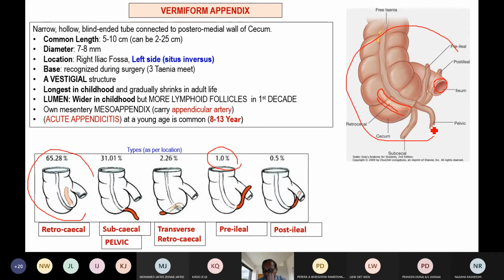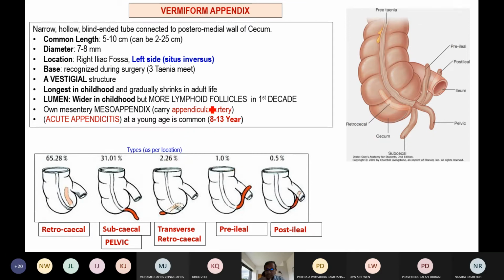Greater omentum is peritoneum, correct? So if a pre-ileal appendix is inflamed and its tip touches the greater omentum, infection will spread from the appendix to the peritoneum, causing peritonitis. So pre-ileal is very susceptible to acute peritonitis.